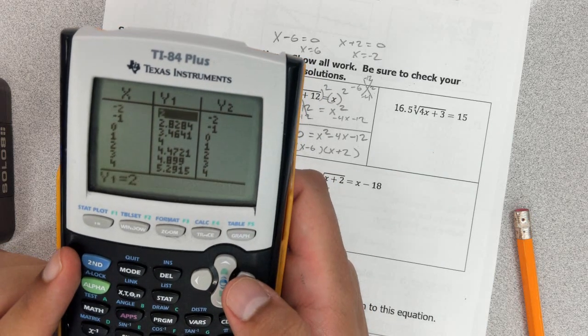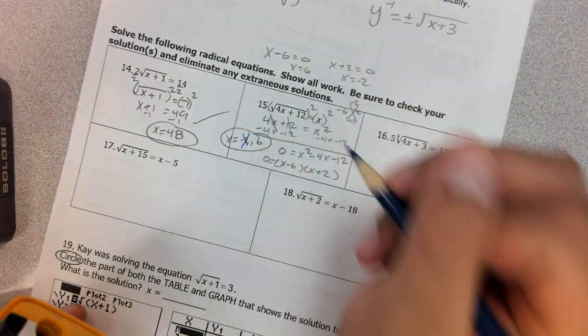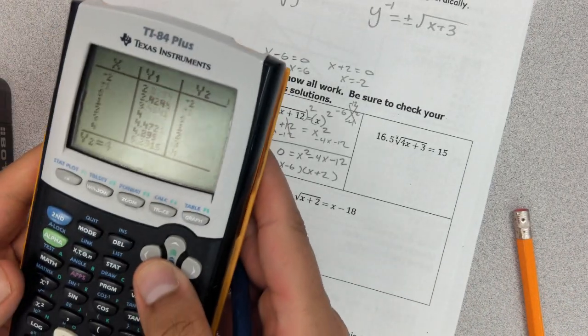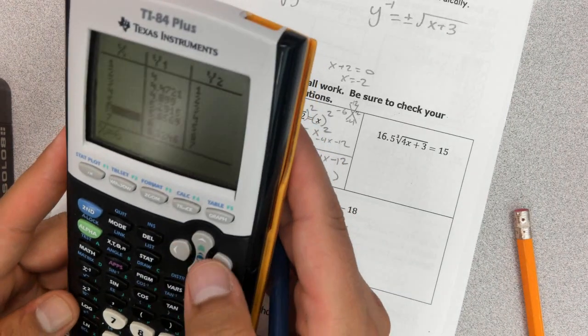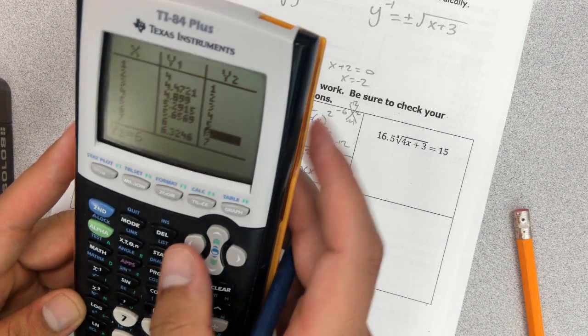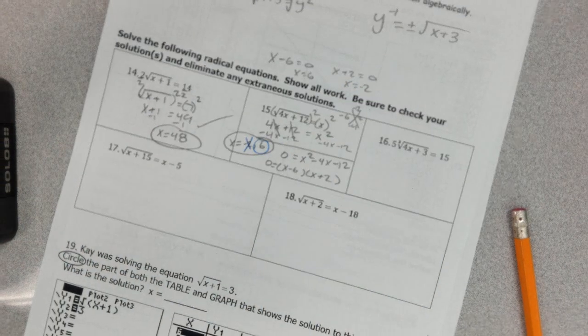So negative 2, we have 2 negative 2, so that doesn't work. Negative 2 is extraneous, and let's see if 6 is good. Alright, 6 has y1 and y2 both the same, so that works. So the only solution here is the 6.